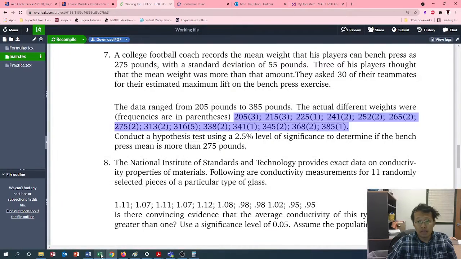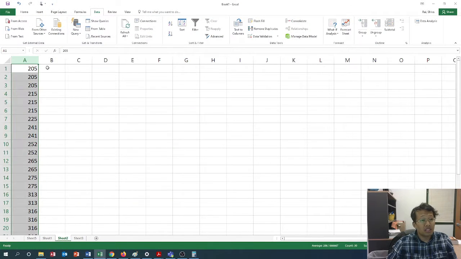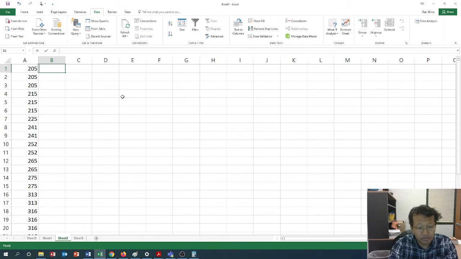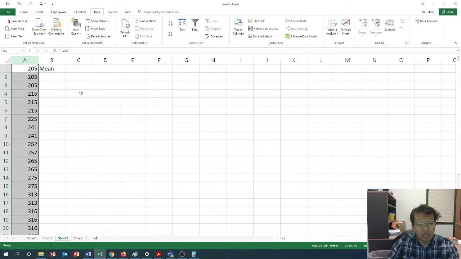Please type this data manually in Microsoft Excel, then you can clearly find the mean. Mean or average is simply 286.166. Let me write down 286.17.